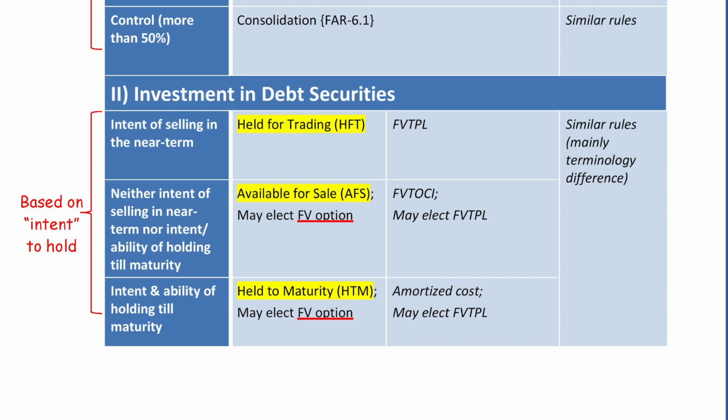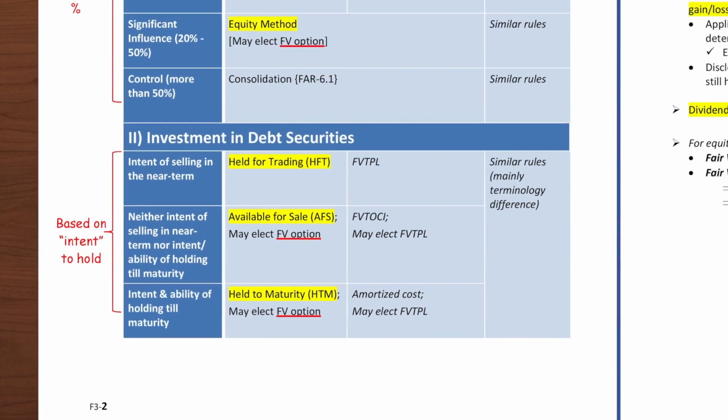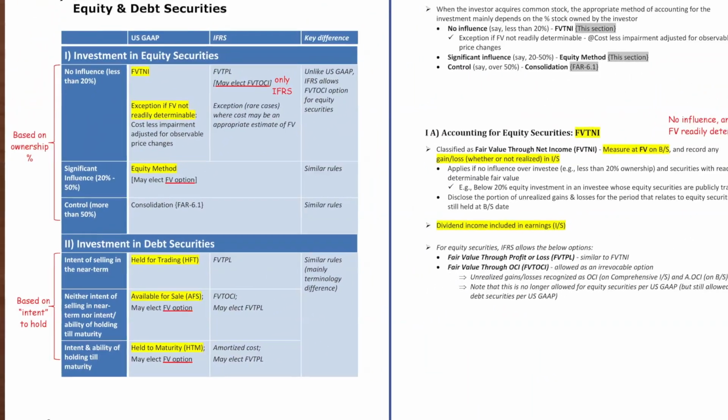Again, for held to maturity debt securities, which are at amortized cost on the balance sheet, the investor may elect the fair value option, where the security now gets recorded at fair value on the balance sheet and any unrealized gains or losses resulting from changes in fair value go into the income statement.